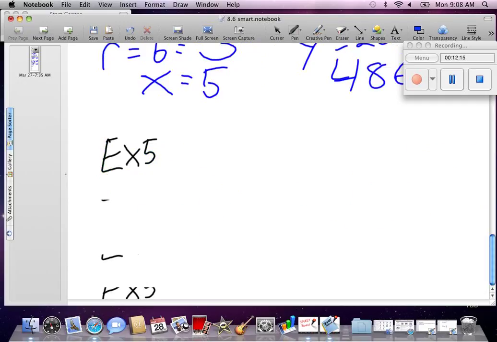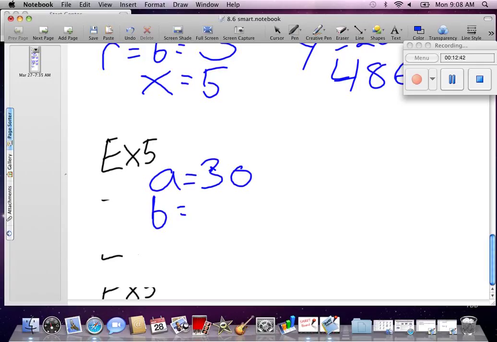Rabbits. Okay, example 5. There's 2 example 5, sorry, it should be example 6. An initial population of 30 rabbits doubles each year for 6 years. What is the rabbit population after 6 years? So imagine, what is my initial amount?